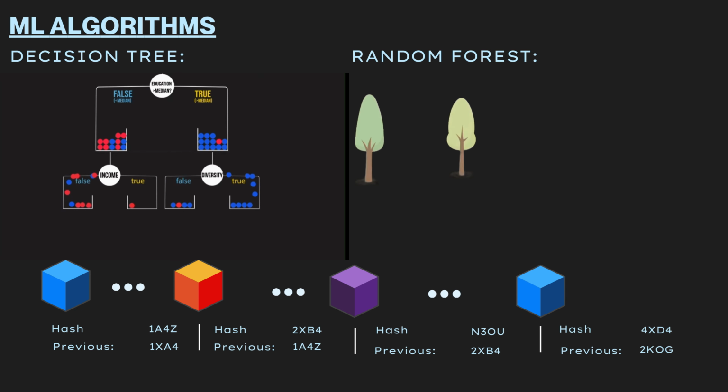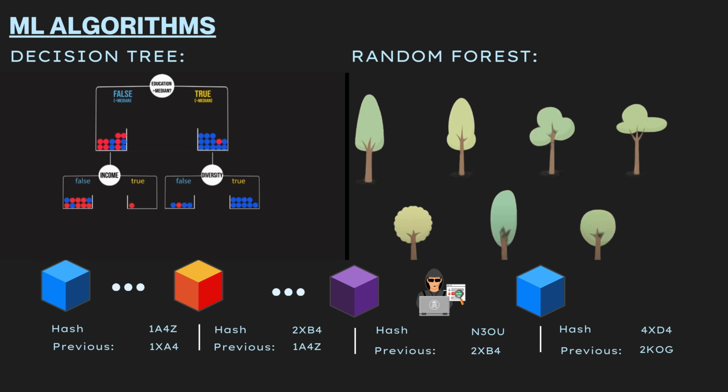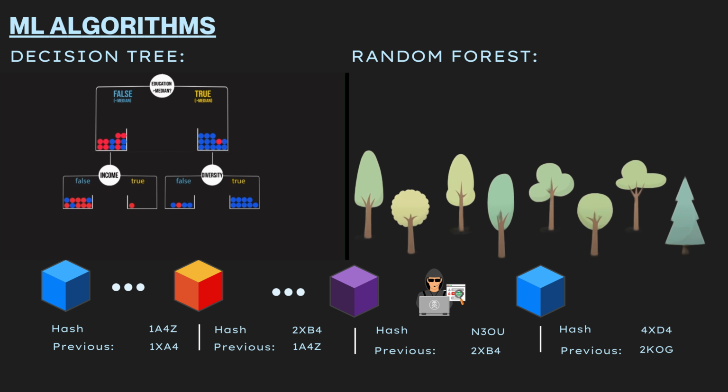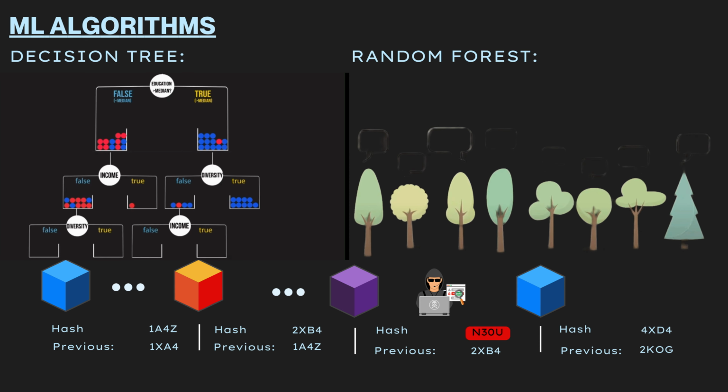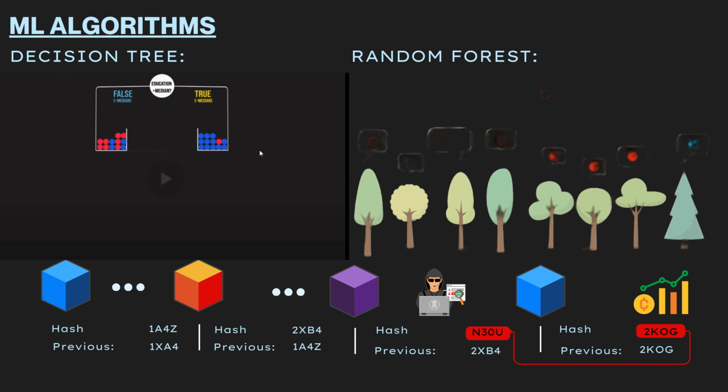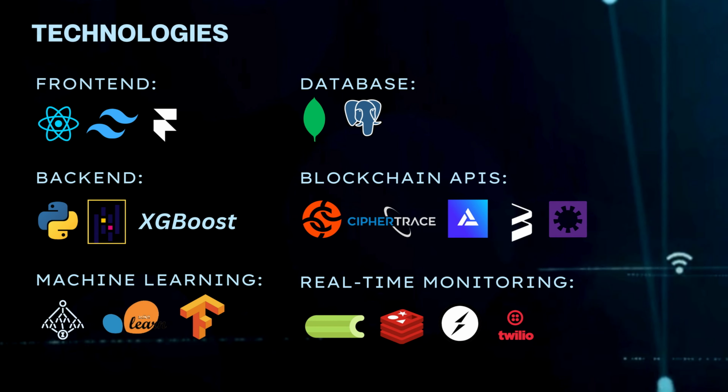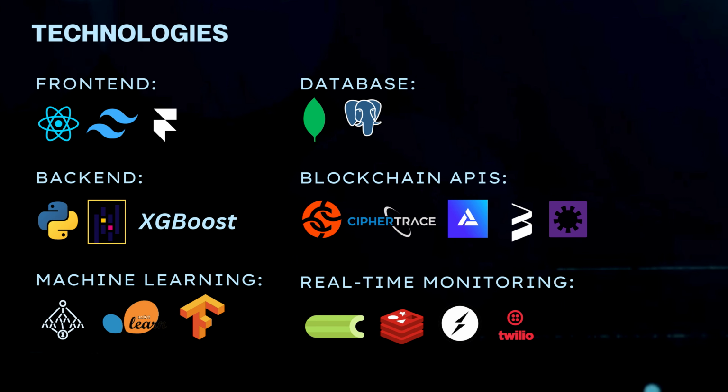After that, the random forest algorithm will try to improve the accuracy by combining multiple decision trees, which will give us deeper transaction patterns across the mixers and tumblers. And finally, we will be using a graph neural network, which will properly map all the transactions and give the end user by combining all these models. So we are going to use all this technology and these APIs in our project.